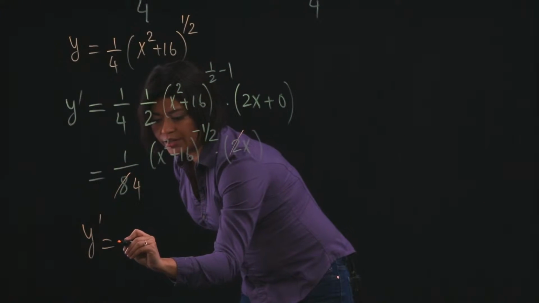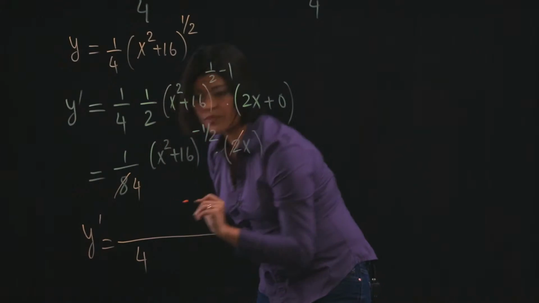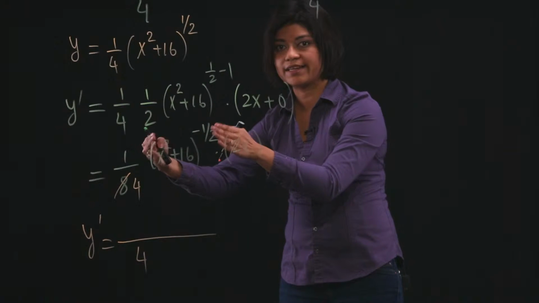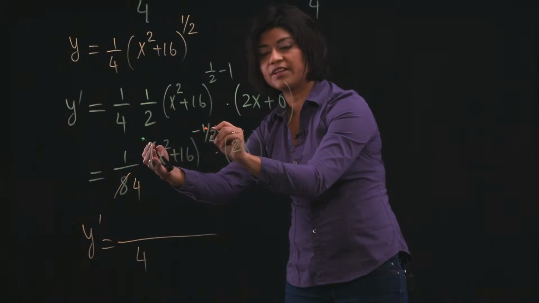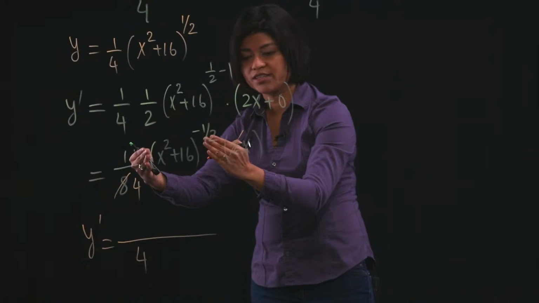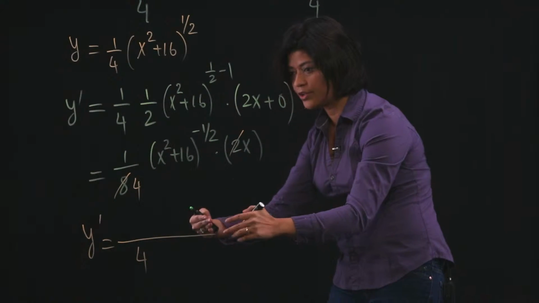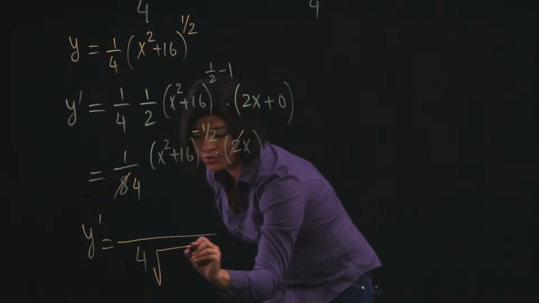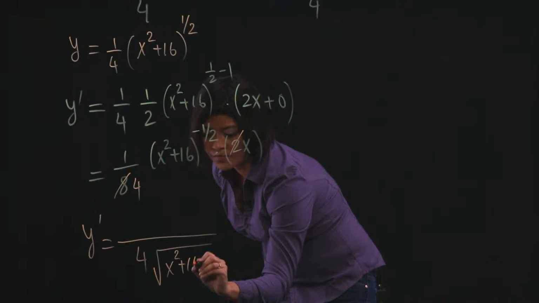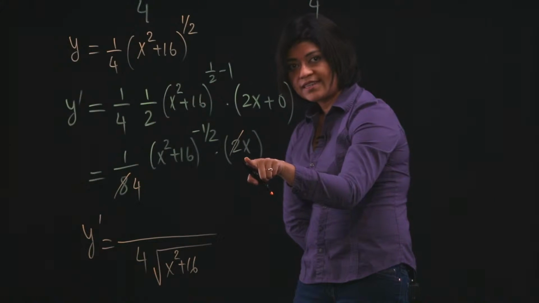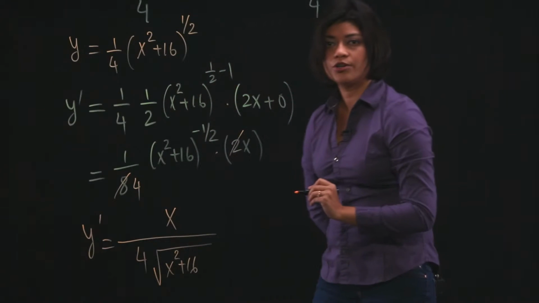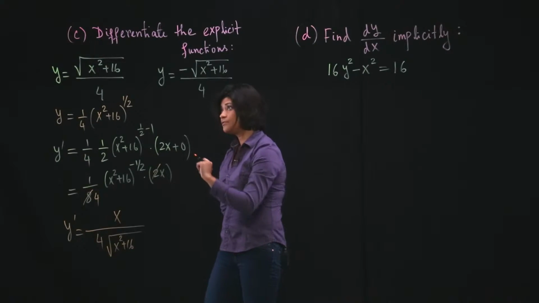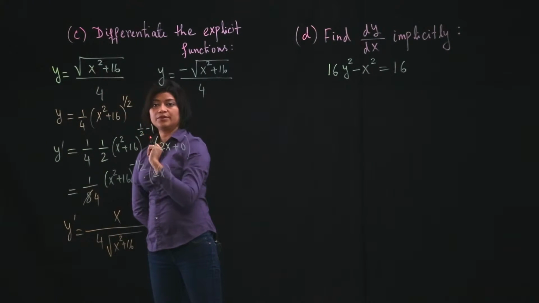So the denominator, we have a 4. Notice, even though x squared plus 16 looks like it's in the numerator, it's actually not because of the negative exponent. So we can make it a positive exponent by bringing the whole thing in the denominator. So in the denominator, we'll have positive 1/2 as the power, so it'll be a square root of x squared plus 16. And remember, there's this x that stays in the numerator. So this is the simplified form of the first derivative of the first explicit form that we have.